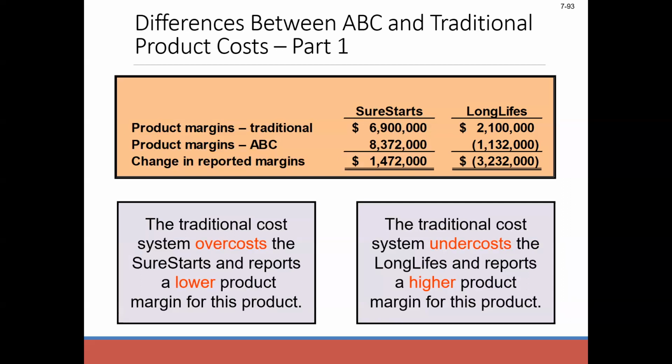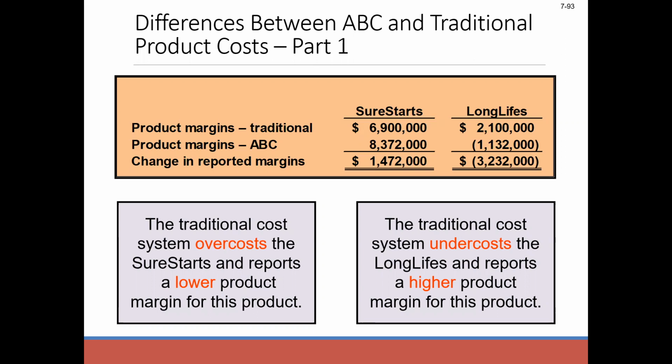So when you look at them doing the traditional method and you look at them going ABC, you're coming up with very different margins. The traditional cost system overcosts the Sure Starts, but it reports a lower product margin for this product.